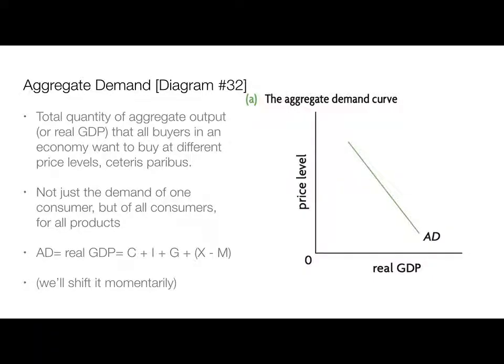Let's start first with aggregate demand. Aggregate demand is the total quantity of output that all buyers in a country can buy at different price levels, all things considered. So aggregate demand as a curve will look a lot like the demand curve, because as the price level of all goods in the economy drops, the overall output, or real GDP, increases.